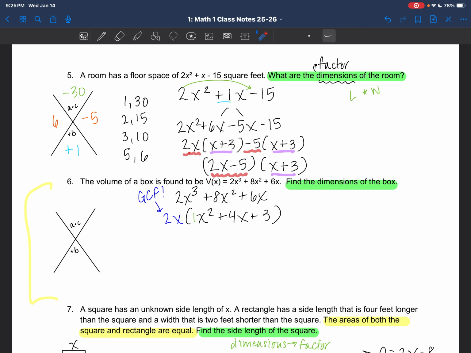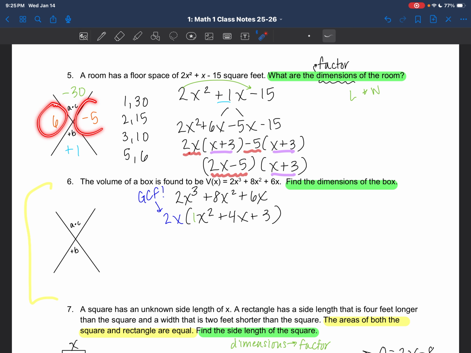So what we're going to do is take this and go a times c. So a times c equals -30, but it needs to add to give you +1. So our factors of 30 we got, but we need a difference of 1. So that doesn't work, that doesn't work, that doesn't work. This one works. Now remember, since this is a +1, your bigger number needs to have the positive.